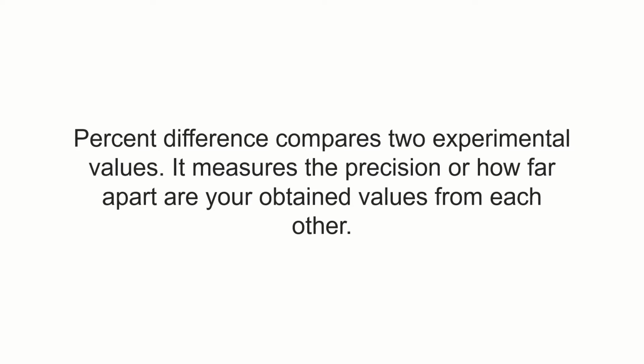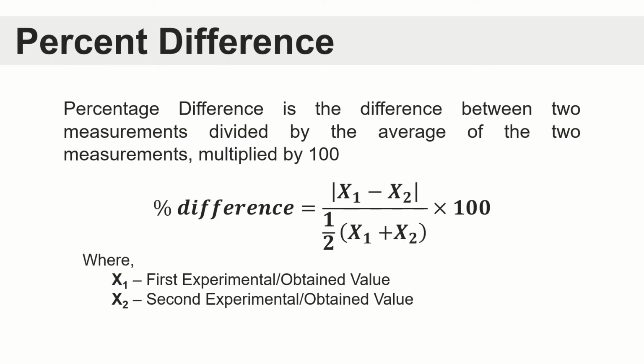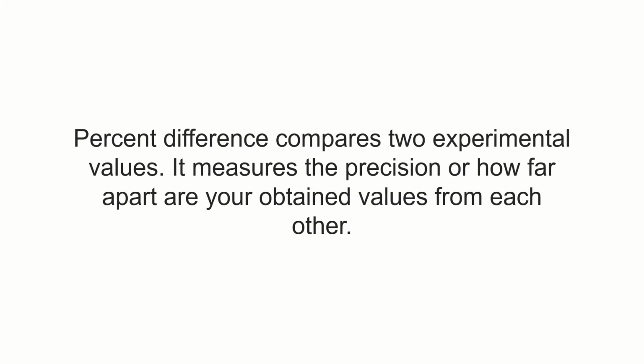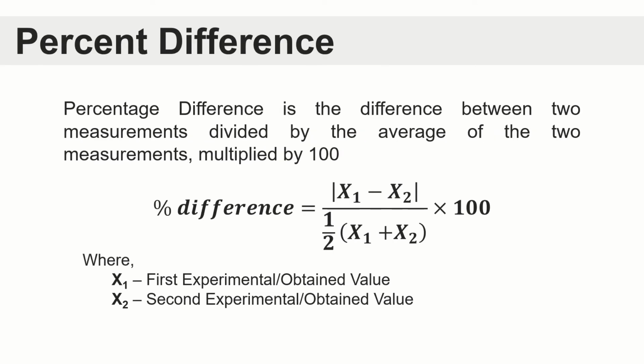That gives us the idea that the absolute and the percent error measure the accuracy of measurement. Percent difference, on the other hand, measures the precision of measurements.